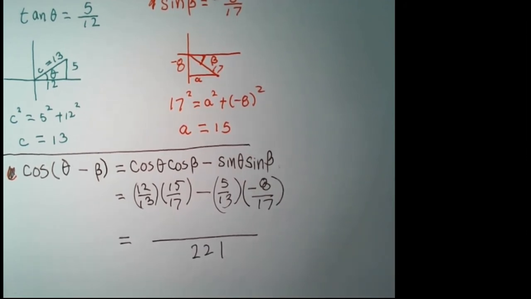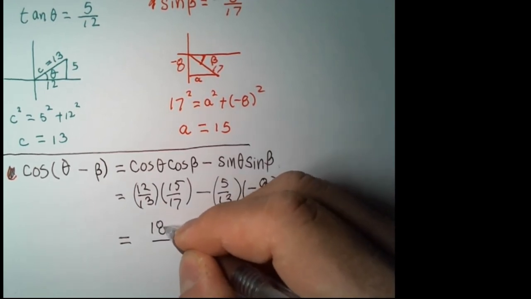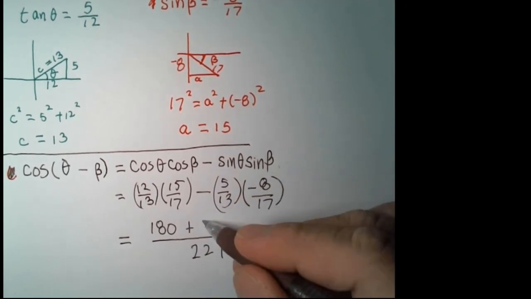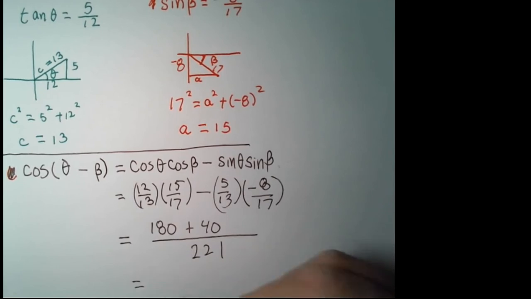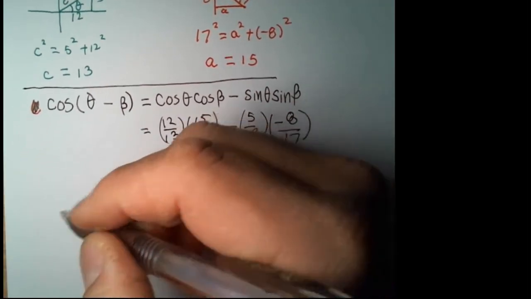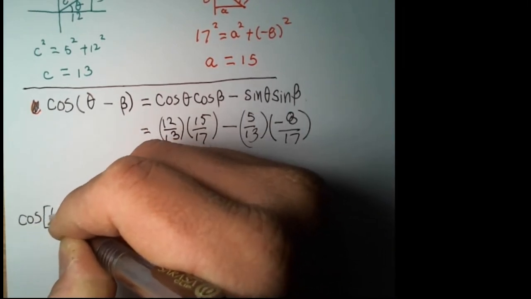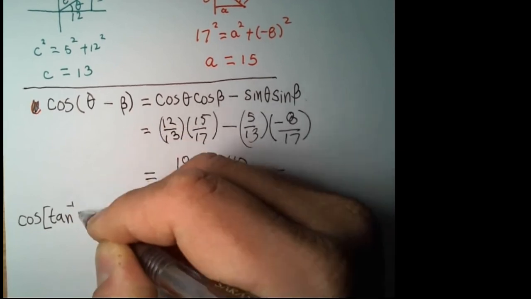Here we have 15 times 12, which is 180, plus 5 times 8, which is 40. So we have 220 over 221, and that would be the exact value of my original expression.